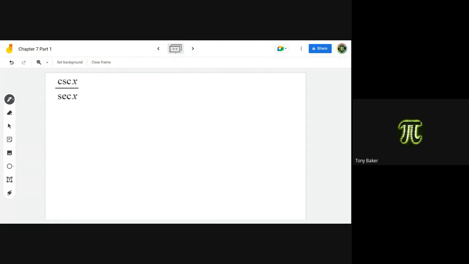So cosecant is what? That is 1 over sine. So I have 1 over sine of x. And then the secant is 1 over cosine of x. What are the rules for dividing fractions? You change, flip. So I have 1 over sine of x times cosine x over 1.